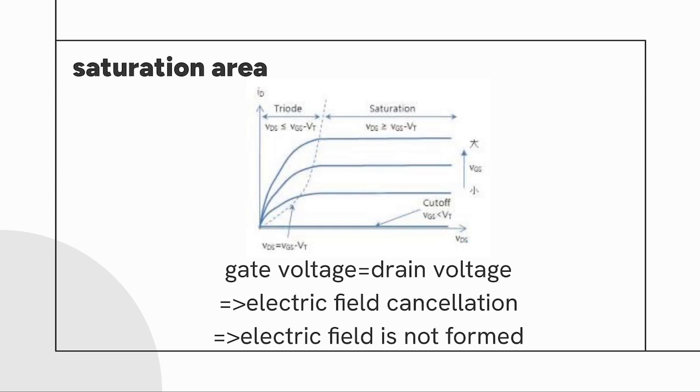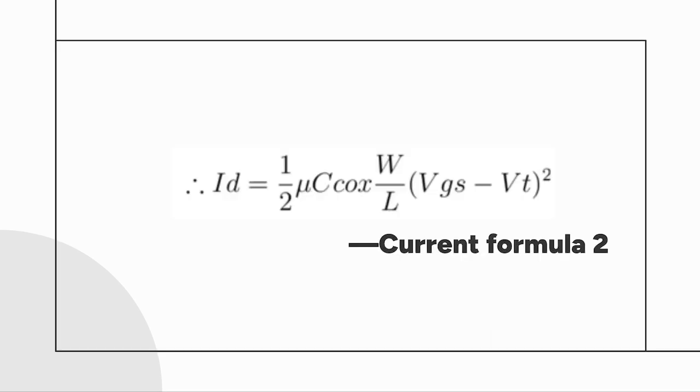In addition to this area, the area where an electric field can be formed is the linear area. Through this process, a formula is obtained to find the current flowing through the drain.